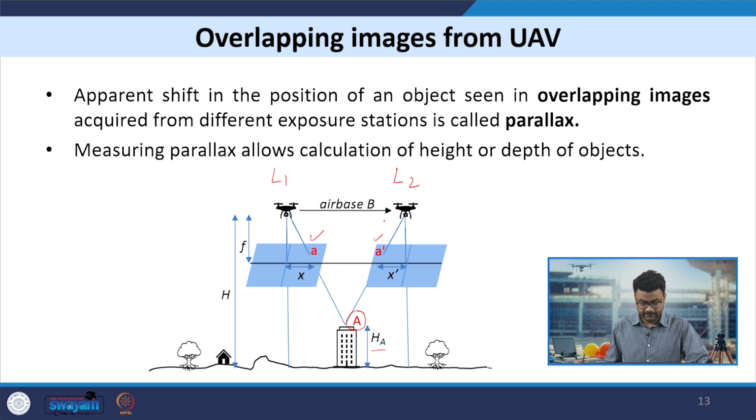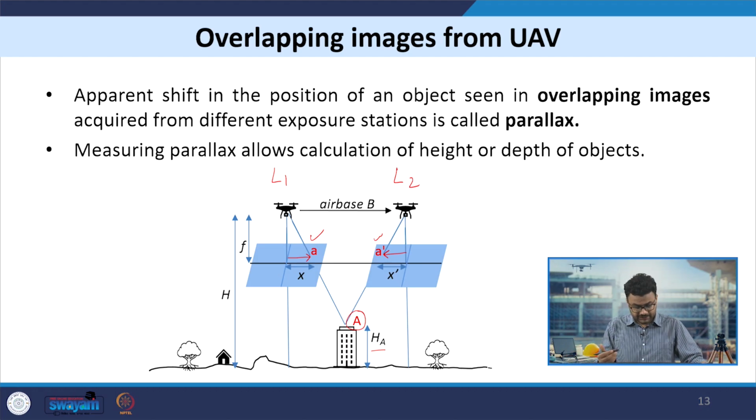And we can see that compared to the center of image, in the left image the small a appears on the right, and in the right image small a dash appears to the left. That means if we just look at two images, it will appear that the object A, the top of this building, has shifted from the right side of the image to the left side, and this is the parallax.